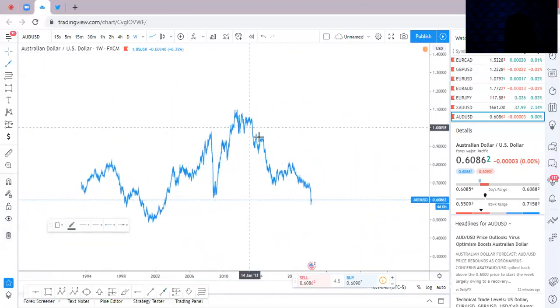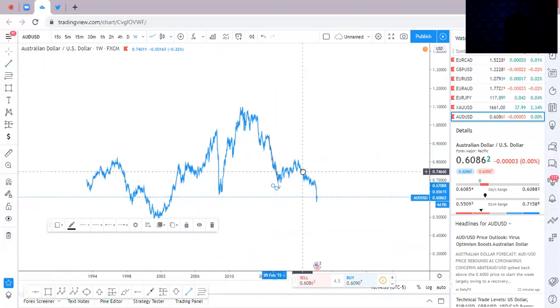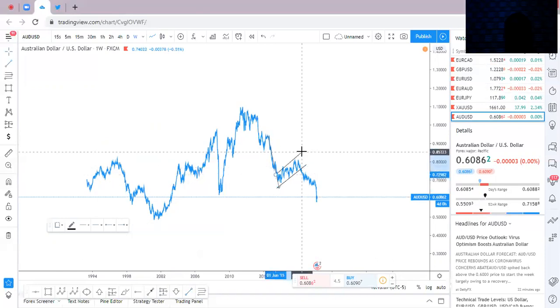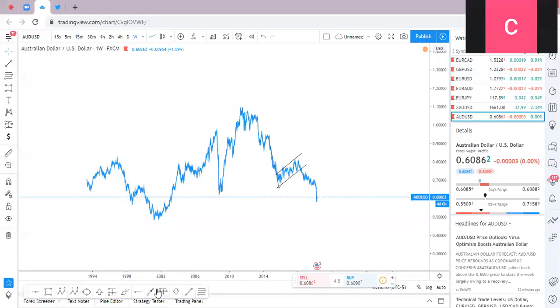So this is a nice impulse movement on the weekly. Then we have the continuation pattern. Then what happened again? We have the drop.